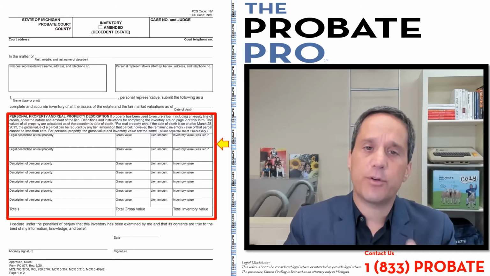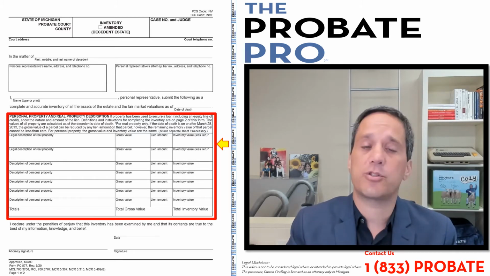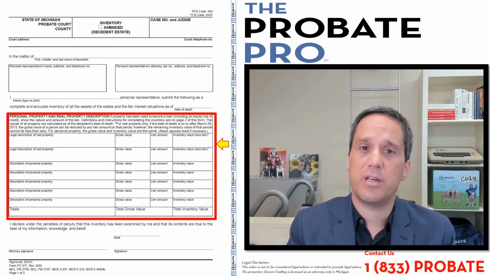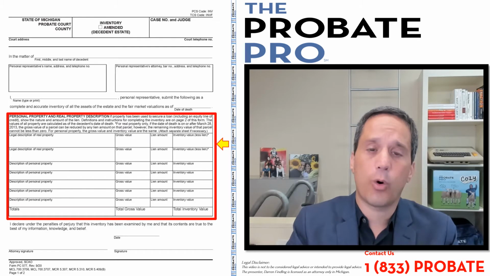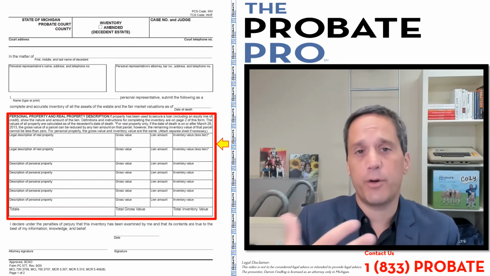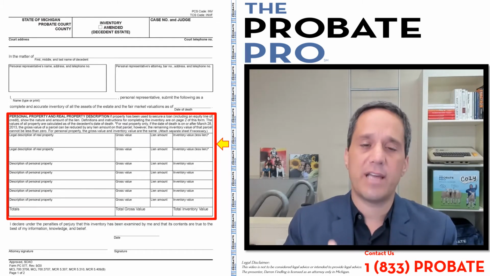So if there's an appraisal, include the appraiser's name and address and a description of the property that was appraised. And it's really important because the court will often reject how you identify the real estate.